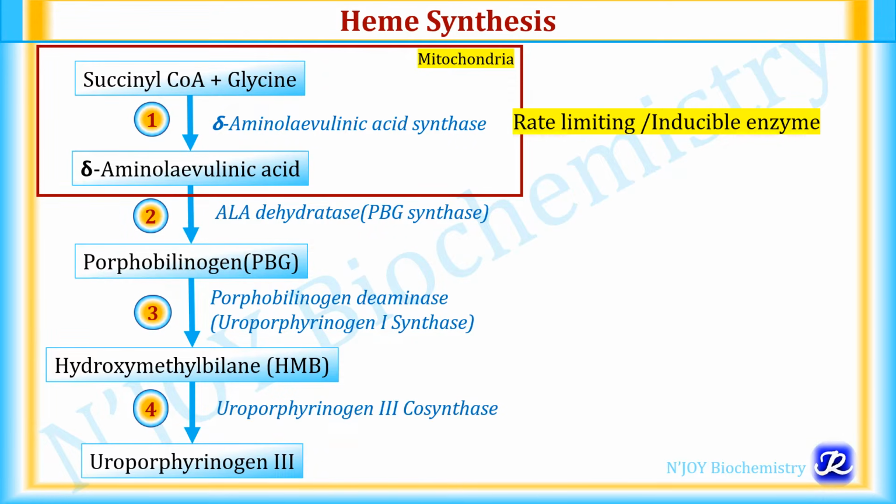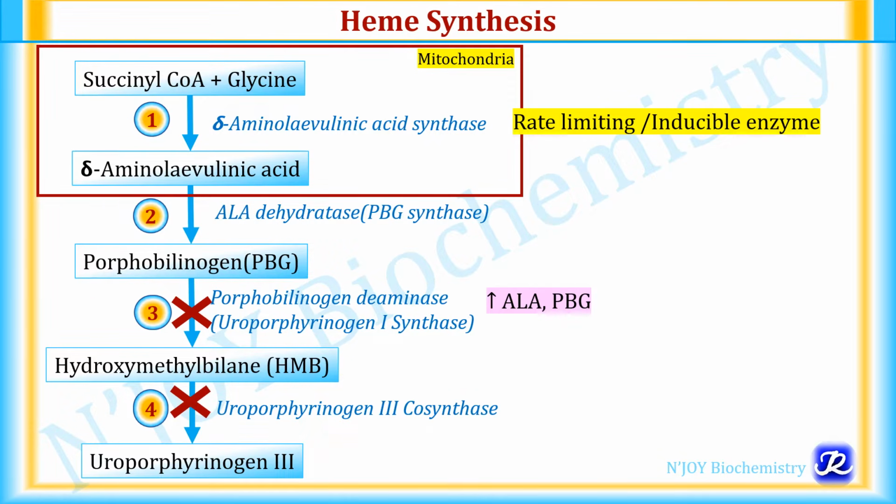The fourth step is formation of uroporphyrinogen 3 from hydroxymethylbilane by the action of enzyme uroporphyrinogen 3 co-synthase. So if there is defect in the uroporphyrinogen 1 synthase, there is no conversion of porphobilinogen to hydroxymethylbilane, and that's why the precursors like PBG and delta ALA are increased.